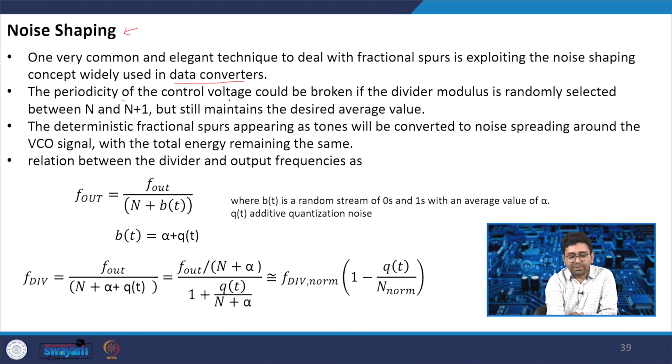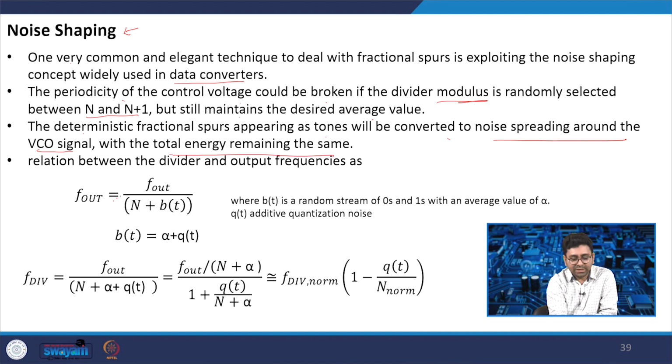So, the periodicity of the control voltage could be broken if the divider modulus is randomly selected, n and n plus 1, but still maintains the desired average value. So, the deterministic spurs appearing as tones will be converted to noise spreading around the VCO signal, with the total energy remaining the same.